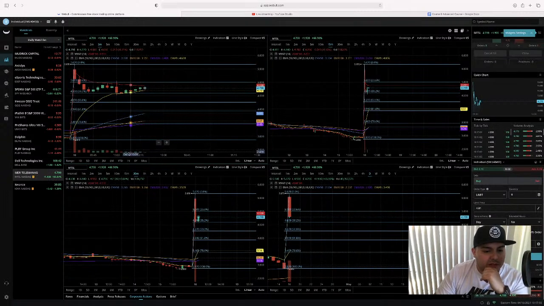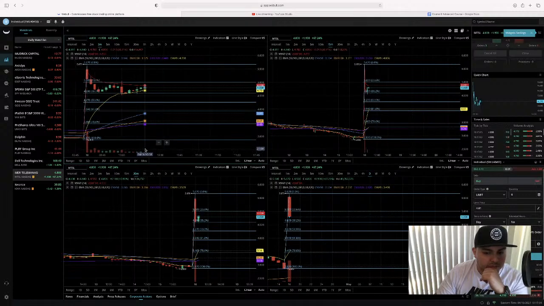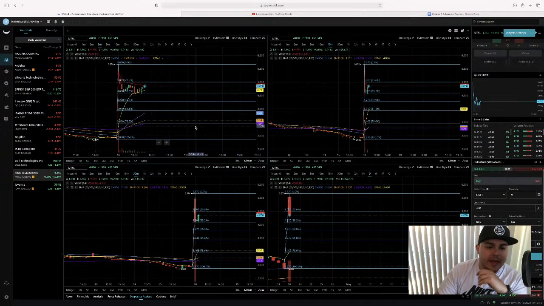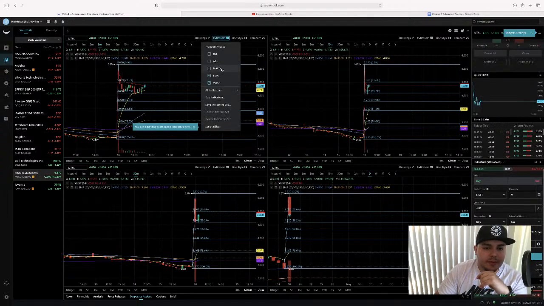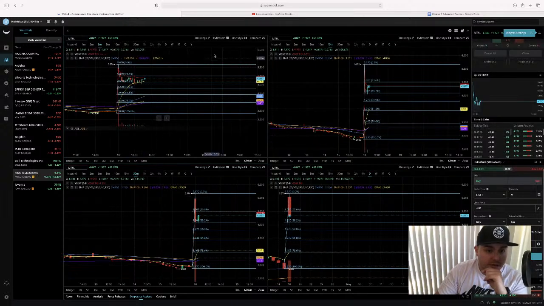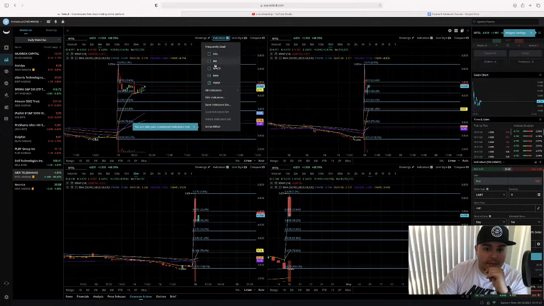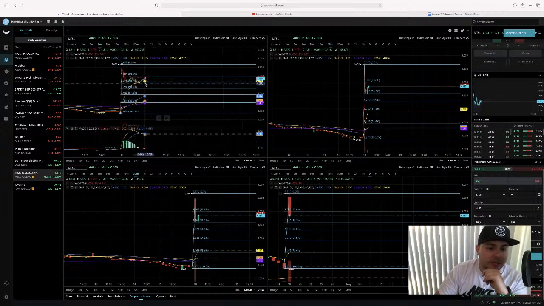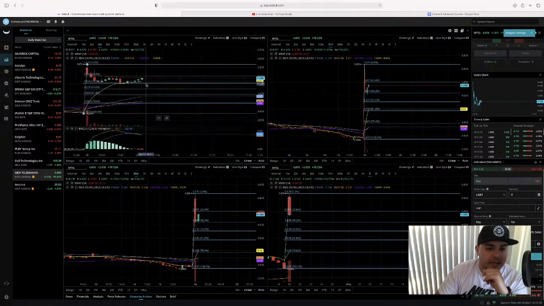I just don't like the volume. Look at the volume. Whenever you can't read, this is the perfect moment to check ADL, and then MACD. This is a good time to check MACD, ADL, and then yeah.